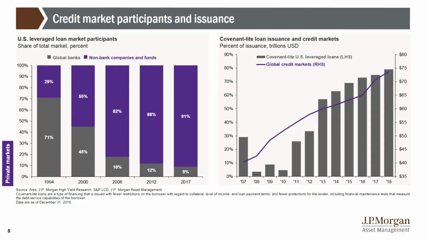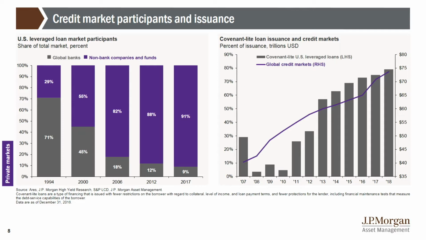Over time, that share has gradually shifted, and in 2017, we just got the 2018 data in the door, but in 2017, what we saw is that 90% of leverage loan issuance was done by non-bank companies and funds, and only 10% was done by the traditional banking sector. So the structure of this market has changed quite significantly.